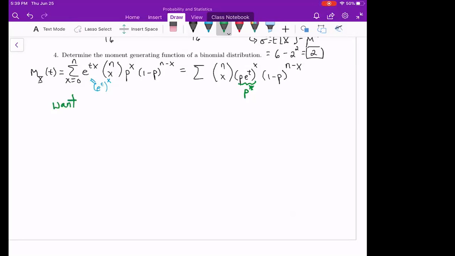So we want something of the form n choose x, p star to the x power times 1 minus p star to the n minus x power. If we could get it into that form, that would be wonderful. We need to figure out, is there a trick or something we could do in order to achieve that?